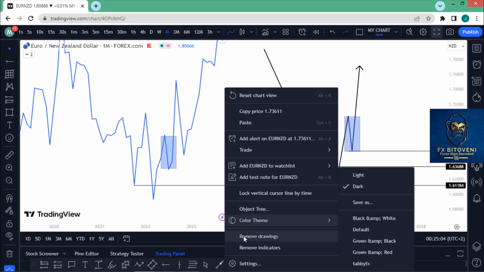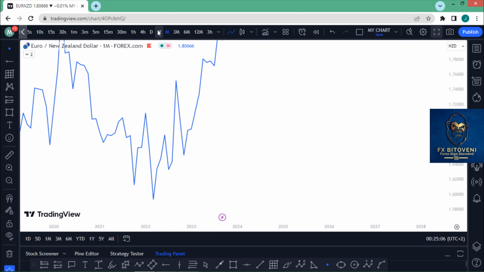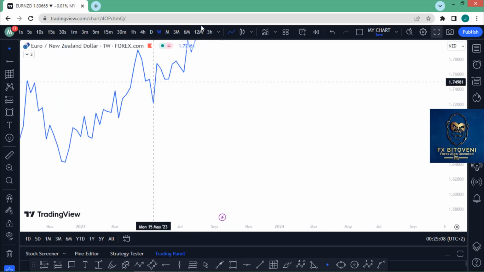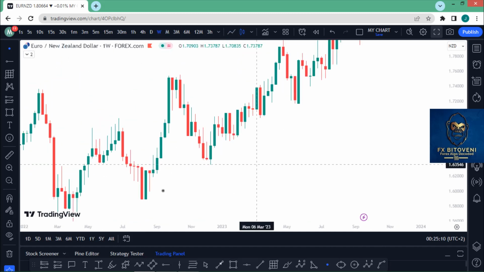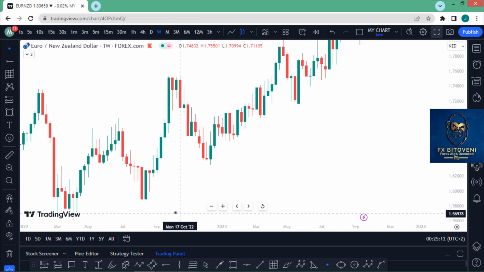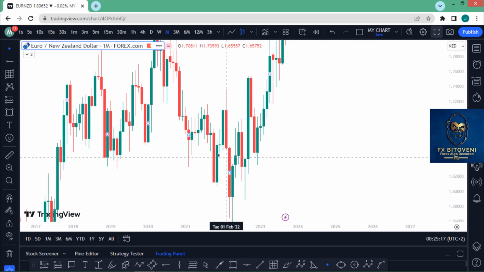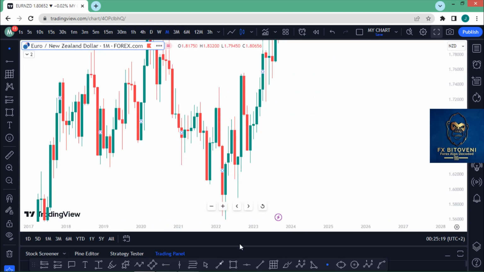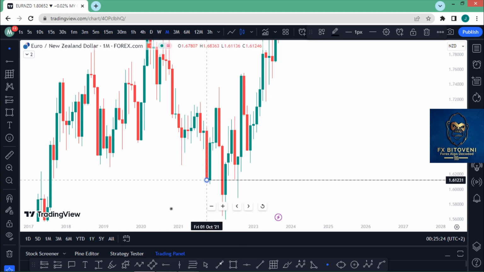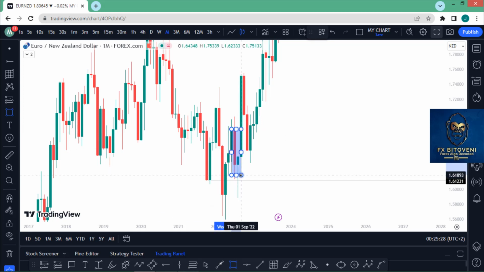So if you come here to your invalidation X, you understand that the market can react to this level of invalidation or to this zone of invalidation X here. So you need to see if this structure also has a classic invalidation.